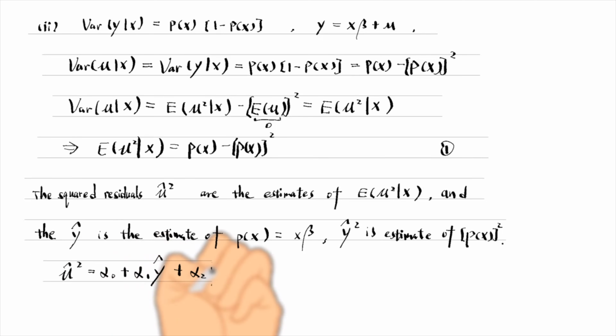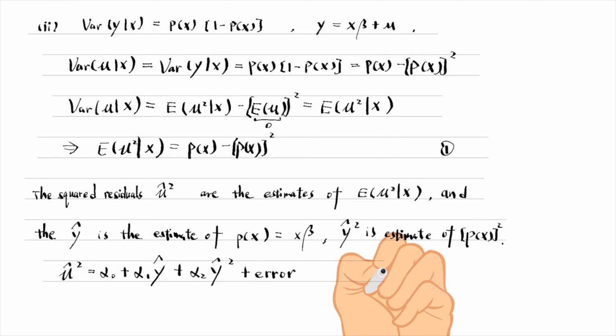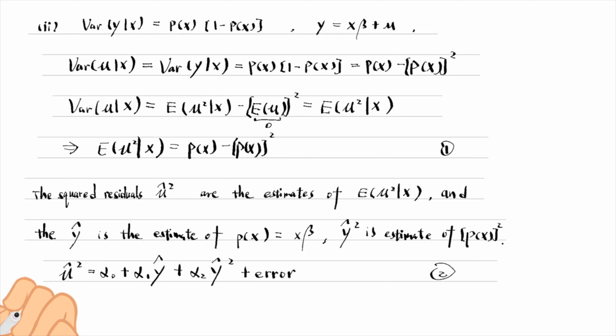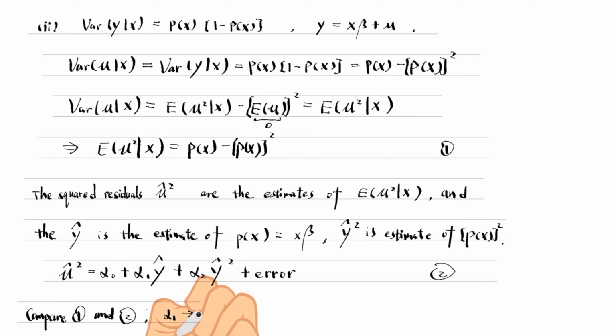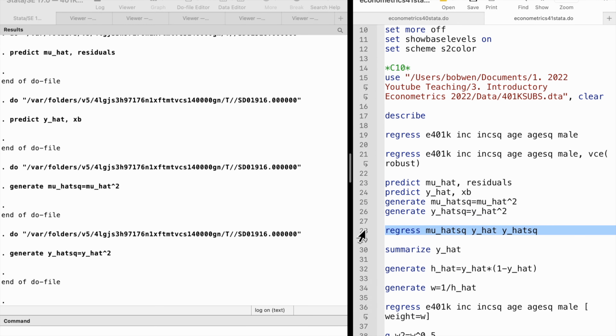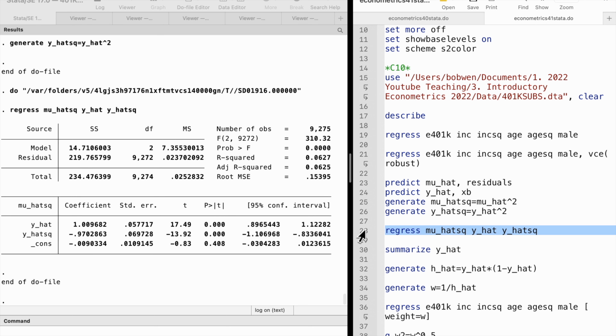Therefore, when we regress the squared residuals on the fit value and its squared term, we should have alpha 1 approaching 1, alpha 2 approaching minus 1, and alpha 0 approaching 0. We verify it in Part 3. We find that coefficient estimates correspond to the theoretical values described in Part 2.